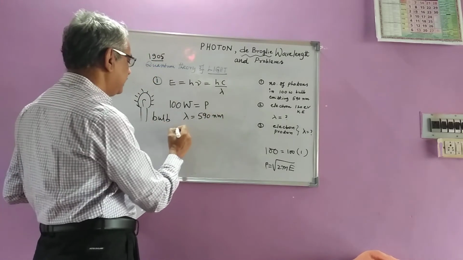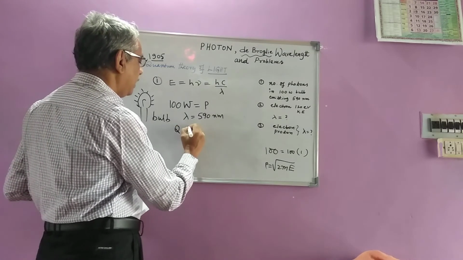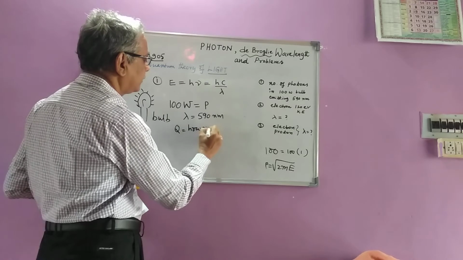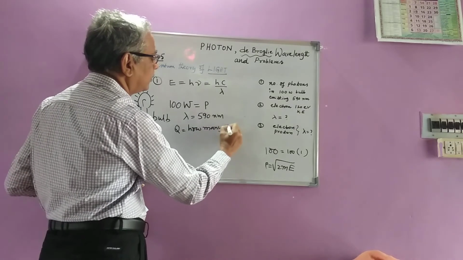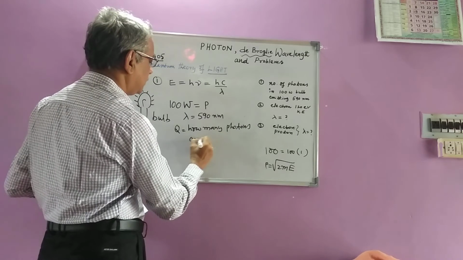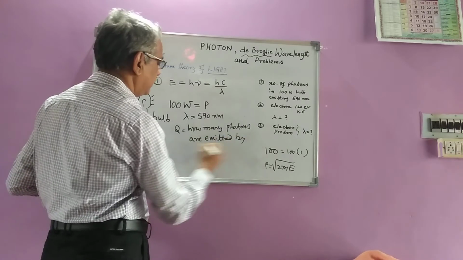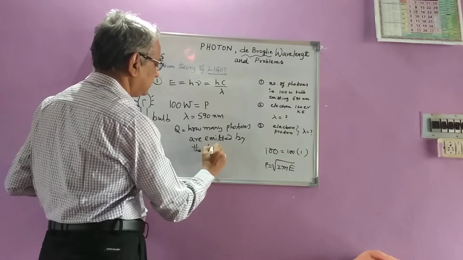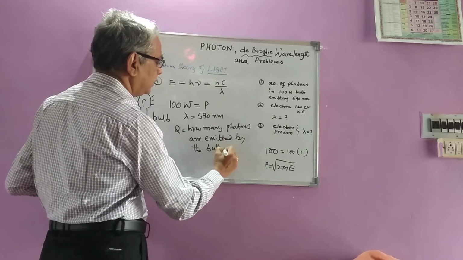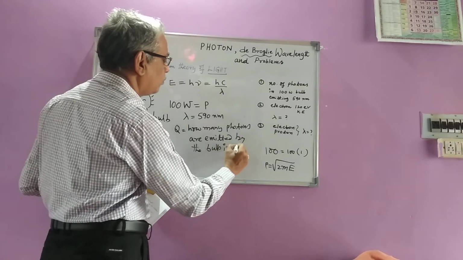Now the question asked is, how many photons are emitted by the bulb in 1 second.